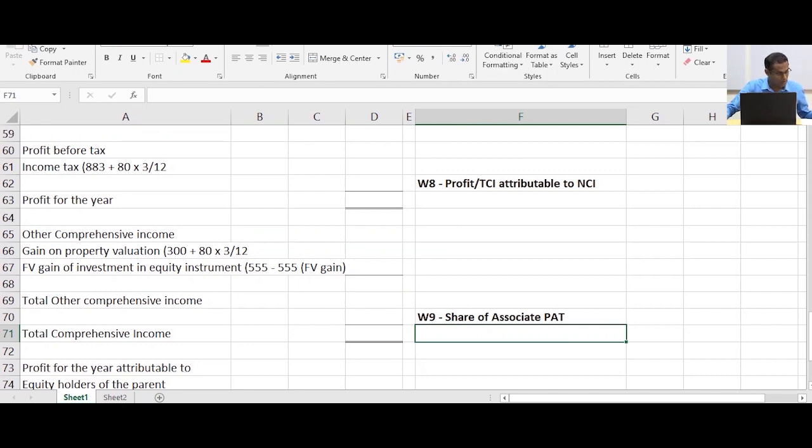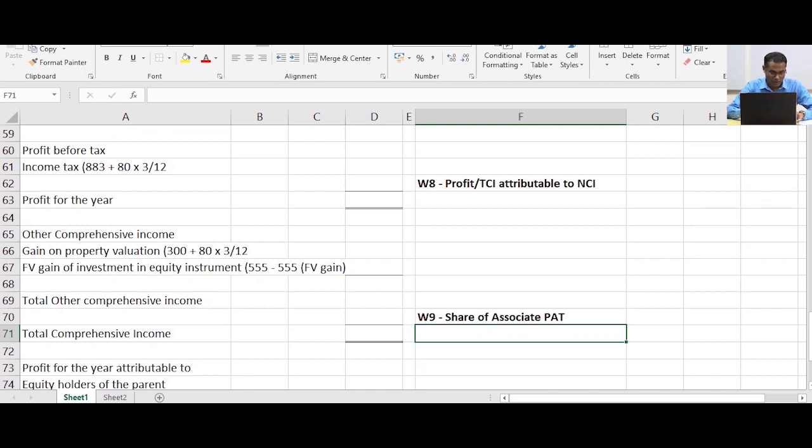So if I go back to the income statement of TEEC, the profit or loss and other comprehensive income of TEEC, what is the total profit for the year? 320. That is for the entire 12 months period. Out of that, 9 months you have to equity account. So in the income statement with regard to the associate, you have only one line item saying share of profit after tax.